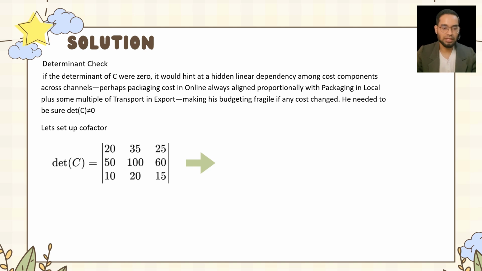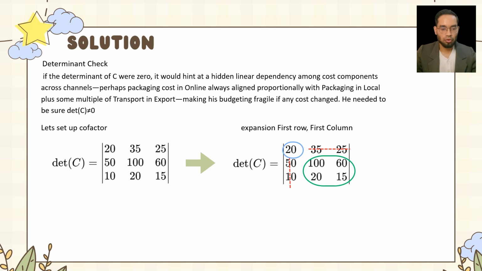Let's set up a cofactor expansion for determinant C. Over here on the left, you can see we have arranged the numbers according to rows and columns in the bracket, and going to the right, expansions on the first row and first column. To compute determinant C, we expand along the first row. Denote the elements in row 1, which are 20, 35, and 25.